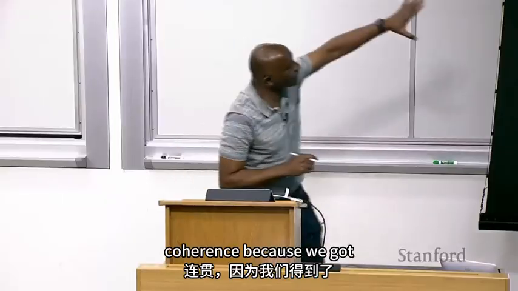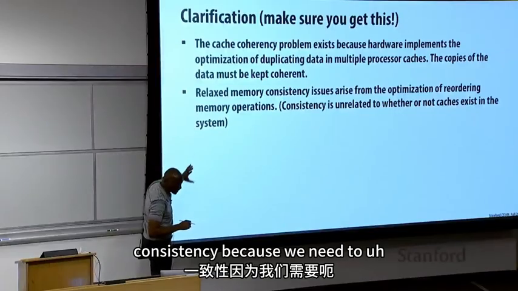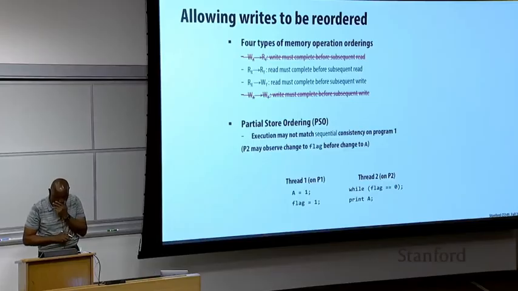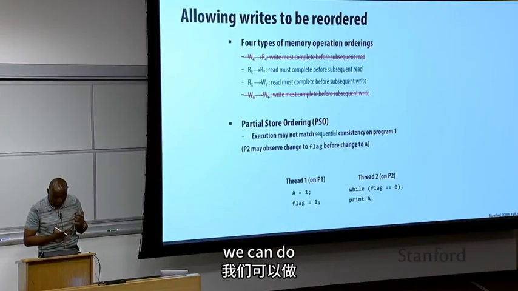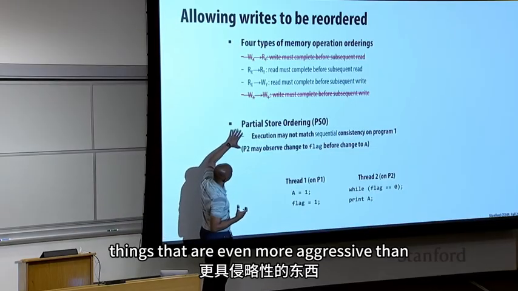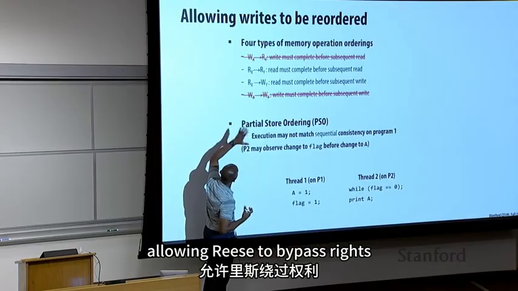So coherency, because we got caches. Consistency, because we need to have a way of understanding what our programs mean. We can do things that are even more aggressive than allowing reads to bypass writes.